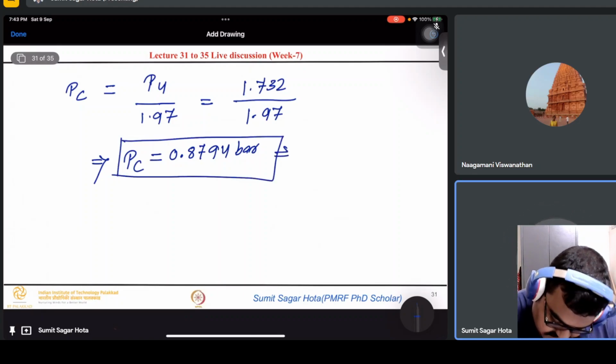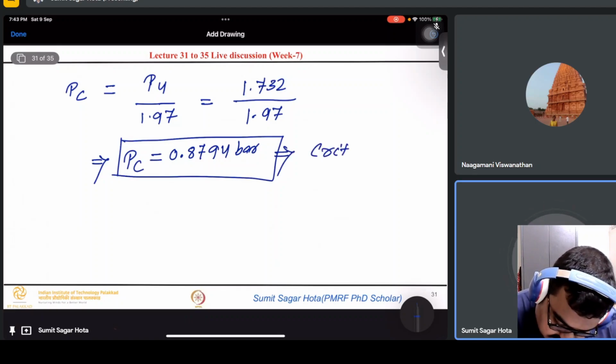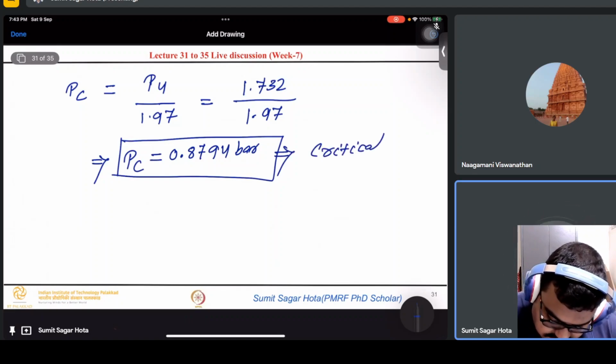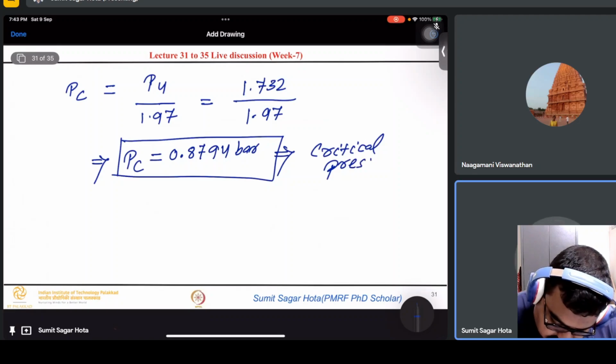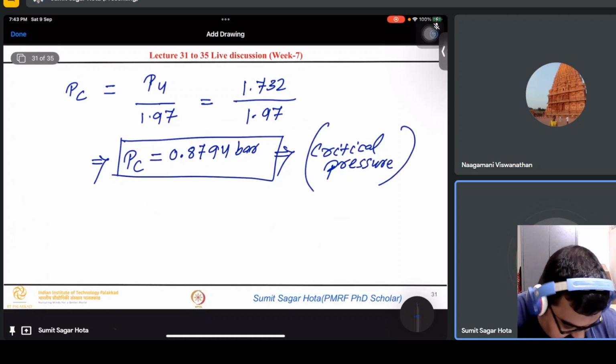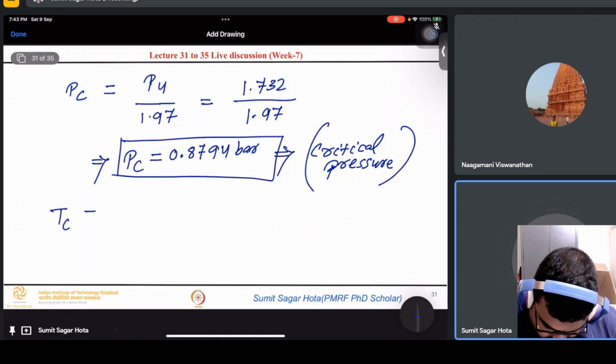This can be a very good question: what is critical pressure and temperature? Although it's not mentioned in the question, they can ask you very easily. What is the formula for critical temperature?